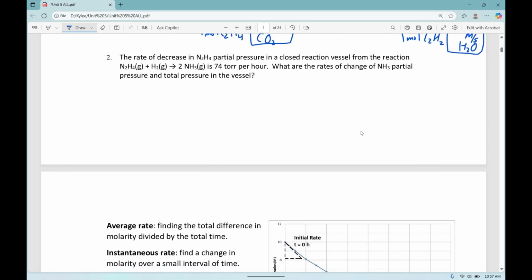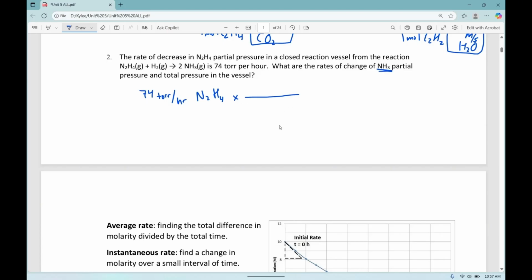All right, another example says the rate of decrease of N2H4 in a closed reaction vessel is 74 torr per hour. And that was for the N2H4. And they want to know about the appearance of NH3.